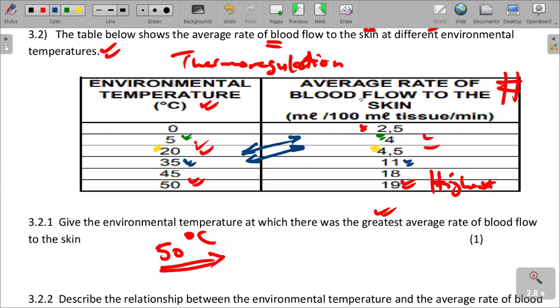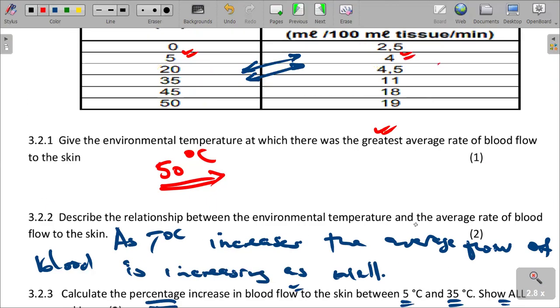At 5 degrees, what do we have? At 5 degrees, what is the flow? At 5 degrees, we have got 4 milliliters. And then it is 5 versus 35.